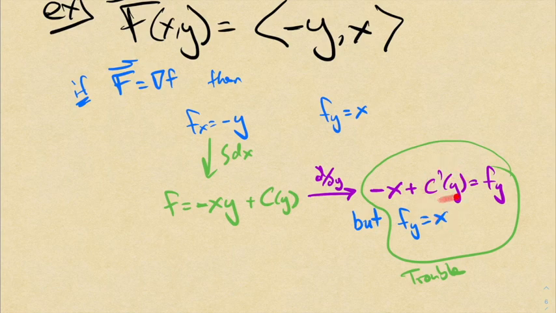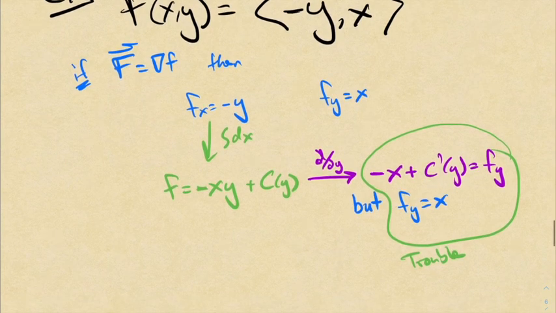This function can only depend on y, so it can't do anything to make this minus x look more like an x. So we might suspect that this is not a conservative vector field. Remember, that means path independent, which we said was the same as being a gradient function. So it turns out that this vector field does not have a potential function.